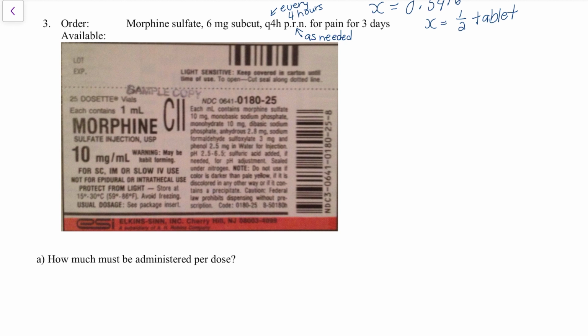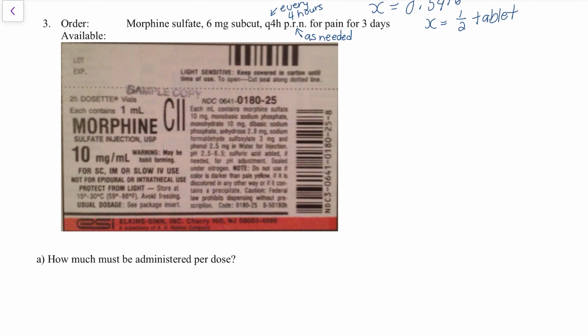Now, even though it's as needed, you're going to be looking at if they needed it every 4 hours, how much would be basically the most they would get over that time period. Okay, so how much must be administered per dose? Well, again, we're looking at what's available over what's ordered. So let's look at this picture. And again, we're looking for how much of the medication is in a certain amount of milliliters.